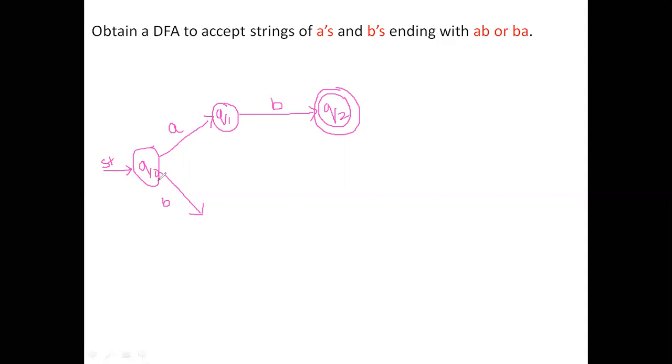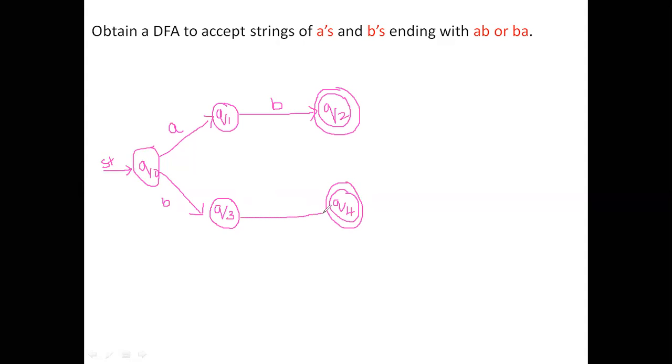Then we'll come to the B part. Let me name this state Q3. Q0 on receiving B will change its state from Q0 to Q3, labeled B over here. Then BA should be accepted. So here I will consider one more state, that is Q4, and I will make it a final state.